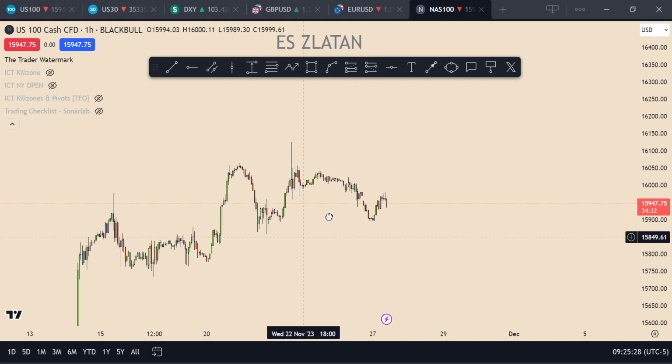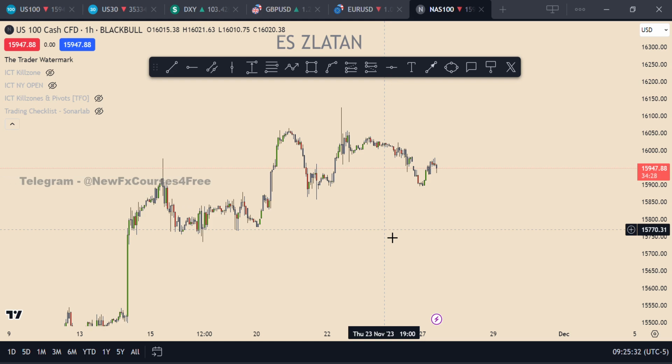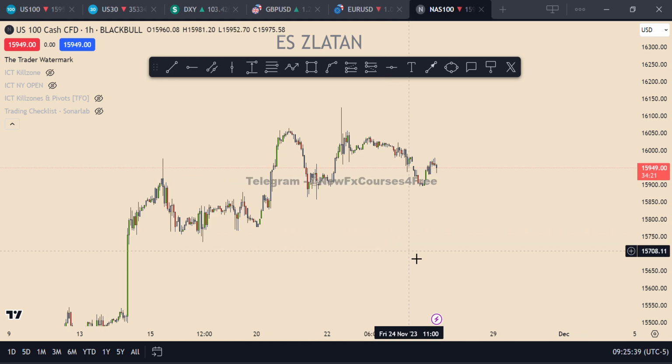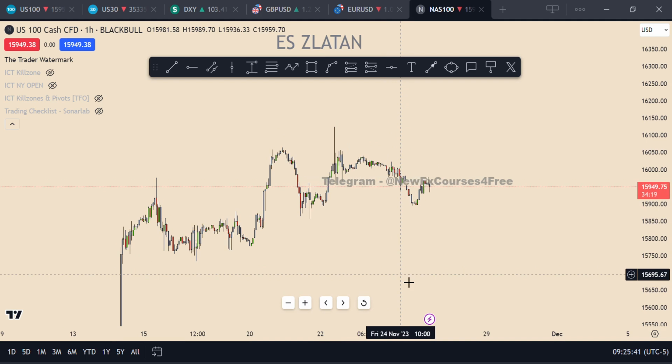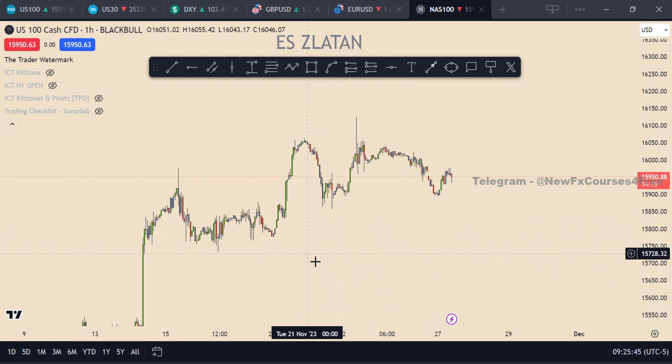All you need to look at is price, and this has to deal with liquidity and structure. That is how this model works. Now, safe to say that for this model, all you need is one PD array, the order block. If you're trading this model, all you need is the order block.